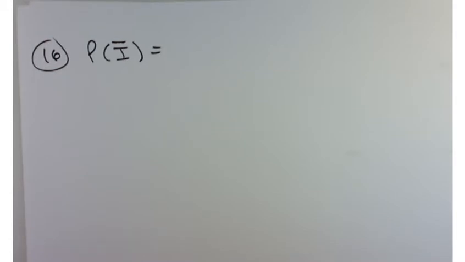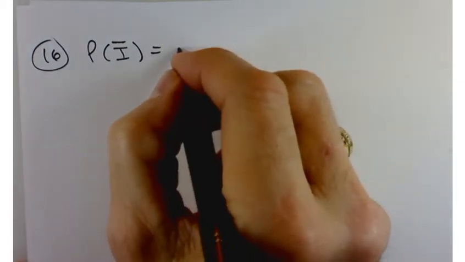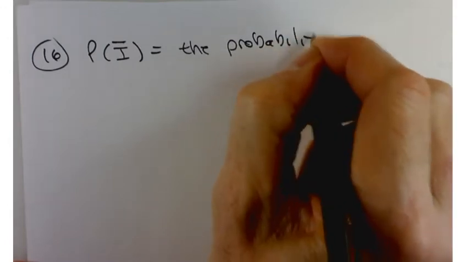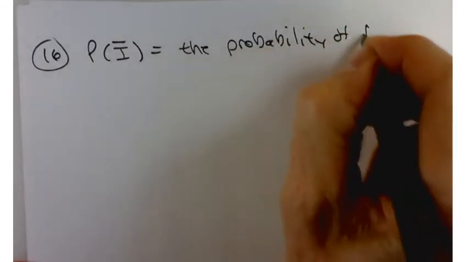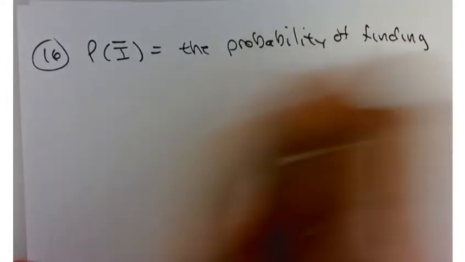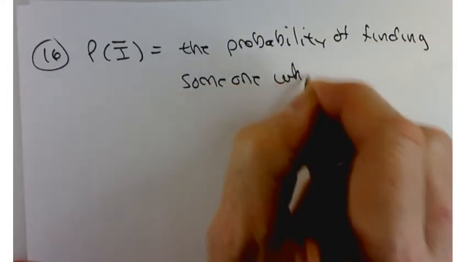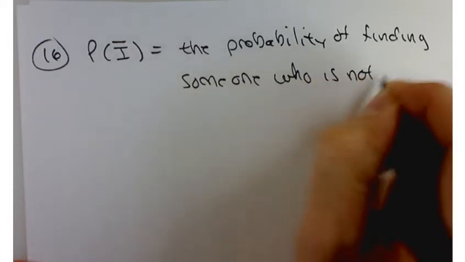Okay, so what does P of I bar, what's that probability reflect? Those that are not intoxicated. Yeah, the probability of finding someone who is not intoxicated.